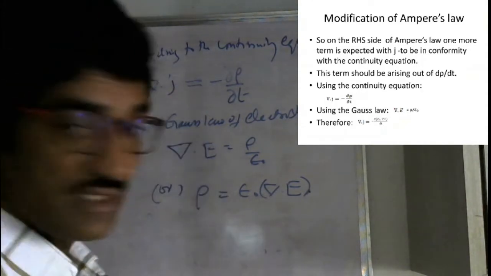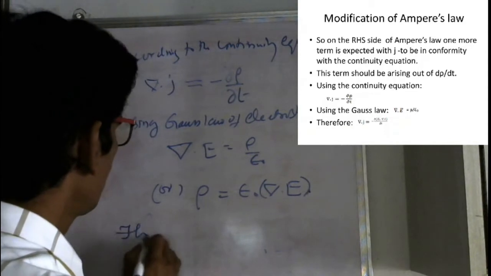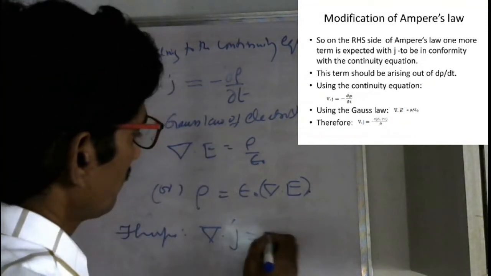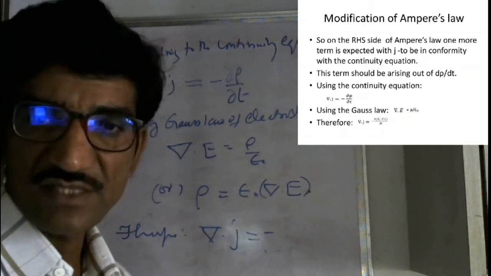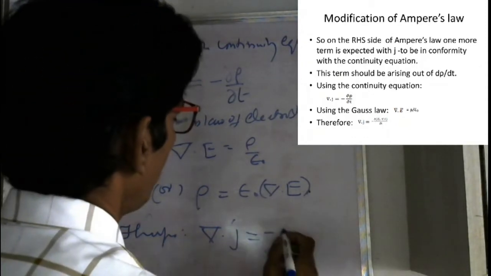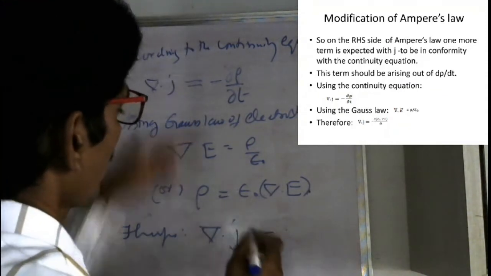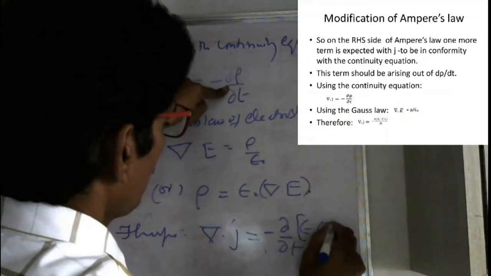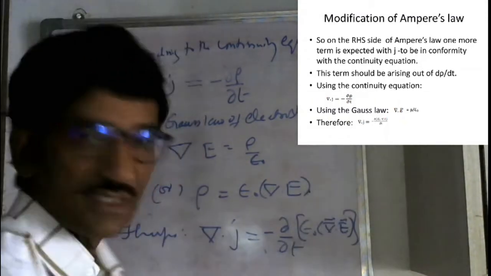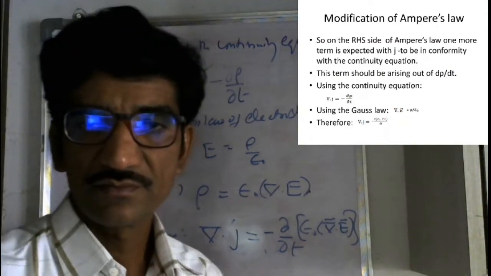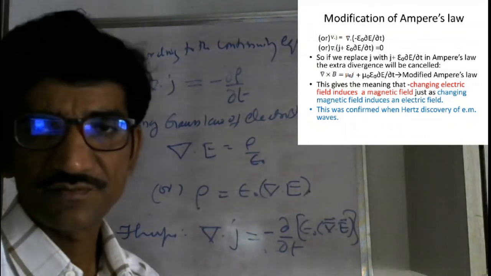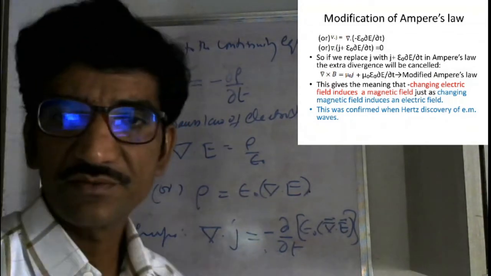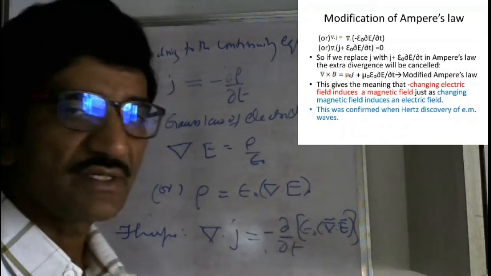Substituting rho in this equation, what is your del dot J now? It is equal to minus dou by dou t of epsilon naught del dot E.